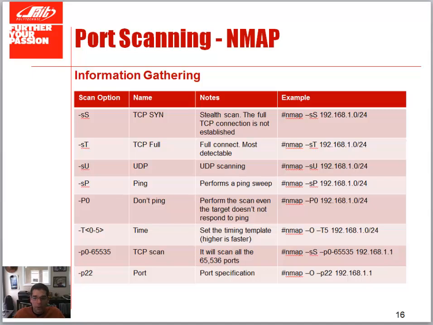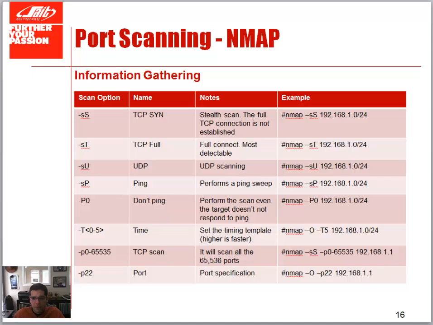Open a terminal, or start the application Backtrack, Information Gathering, or just start in the terminal and type nmap. The first option that I want you to try is -sS with capital S, which is the TCP SYN scan.